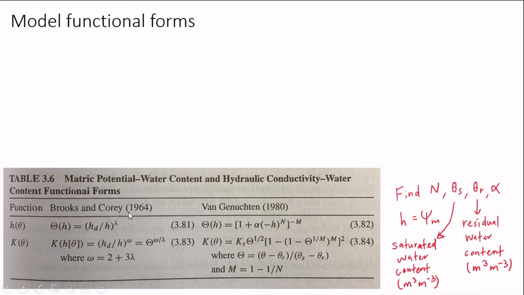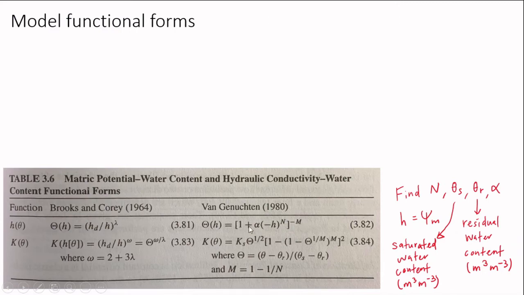Two models are shown here, Brooks and Corey in 1964 and van Genuchten in 1980. These are very old equations derived at different times. For van Genuchten we have a different form, and then this equation and this equation separately.